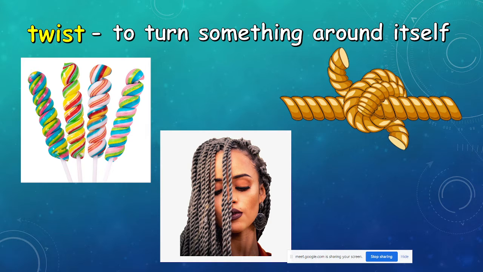Now, can you say some more examples of things that you twist? Yes, maybe the candy that twist. What else do you twist? Ruler, yes. The soft one, the plastic one. Slime.